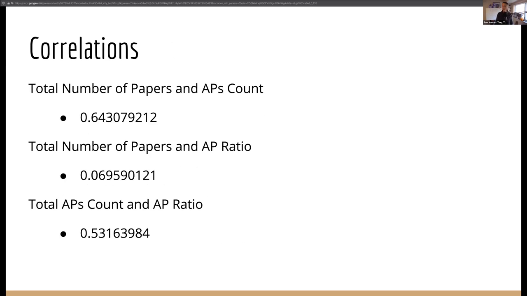Those two things are not very closely related. 0.06, that is a very, very weak correlation. And we have a moderate correlation of around 53% between the raw count and the ratio. So there is some relationship there. It's a positive relationship, but it's not super, super strong.